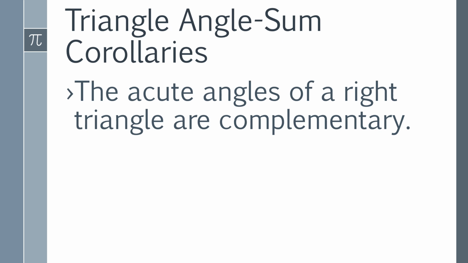So the acute angles of a right triangle are complementary. That's easy to figure out because if I have a right triangle, I have one angle that's 90. And since all three angles have to add up to 180, the remaining two have to add up to 90. So that is an easy proof to figure out with just a little common sense.